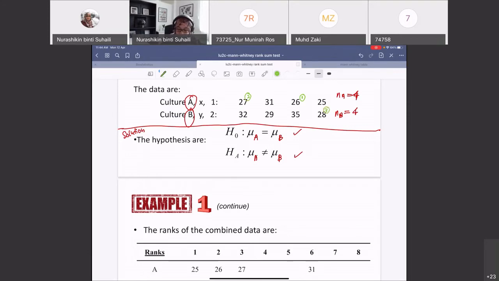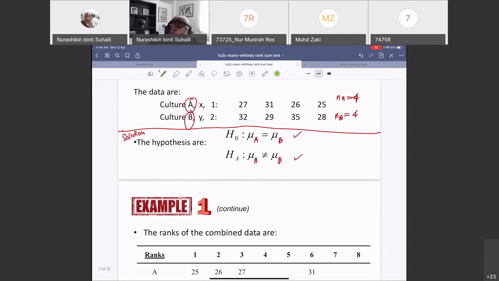Number 4. Sorry, please correct me if there is something wrong with my calculation whatsoever. 25 is the lowest. Okay, this one is number 1. This is number 2. Okay, number 3.